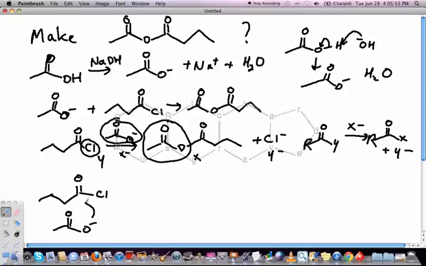So this comes in, attacks the C double bond O, electrons jump up on the O, and this is the way it always goes for a basic type mechanism. And you'll see this pattern again and again. And then we will have the negative come down and kick out the leaving group.